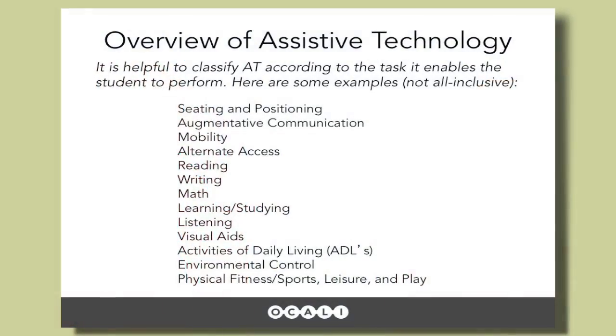Very good. Can you give me some specific examples of assistive technology that might support a child across various areas? You've given us several already, but are there others you would like to mention? Yes, we can look at different areas.